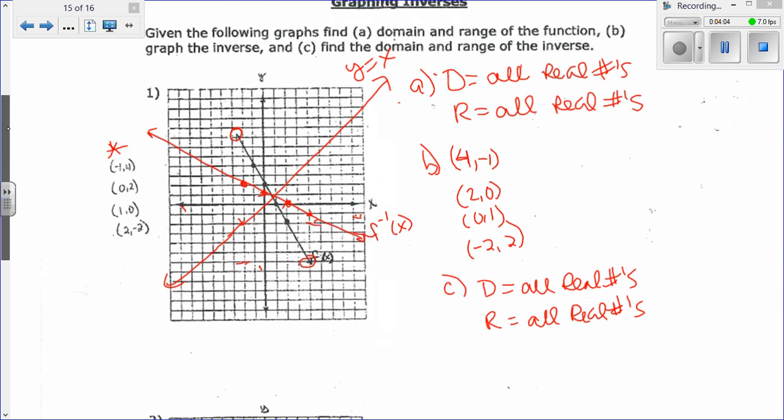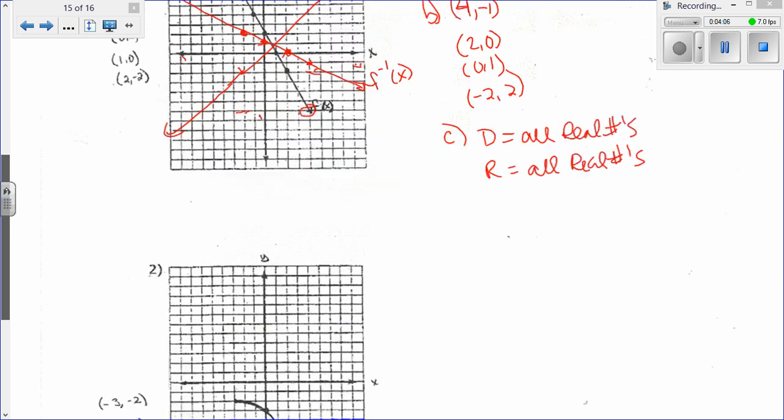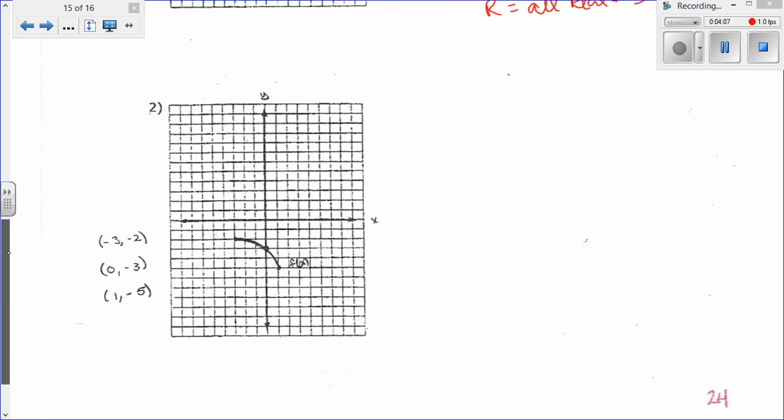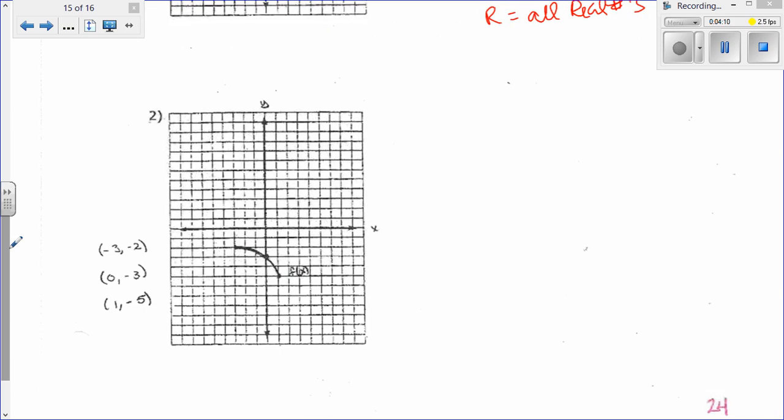Okay, let's try number 2. My domain, well, my x value starts at -3, and it's equal to, because it's all closed circles, -3 less than or equal to x, less than or equal to, it goes over to +1.